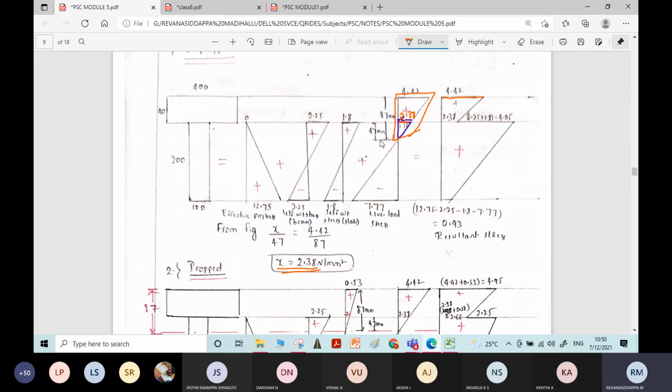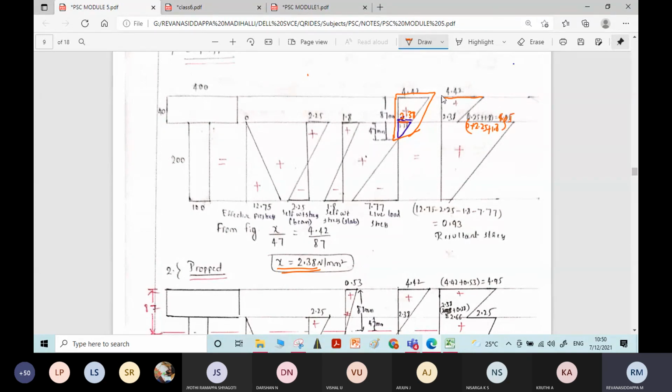With respect to the combined stresses, the stresses corresponding to the full section, you calculate 2.38. Then for the stresses at the top fiber of the beam, 0 plus 2.25 plus 1.8. If you do this, you get 4.05.